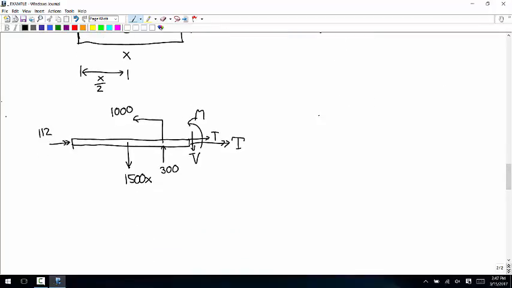And so Newton's second law says 0, negative 1,500x plus negative 1,000. I'm going to lump these two into the same vector. 1,000 in the negative x direction, 300 in the positive y direction.